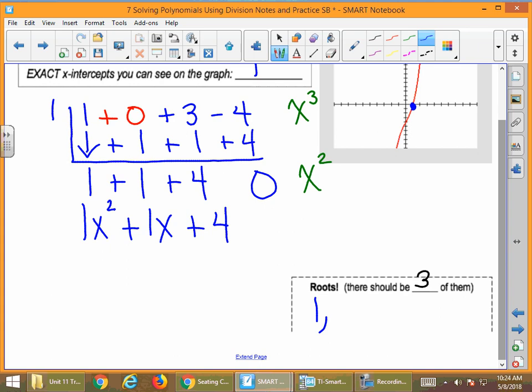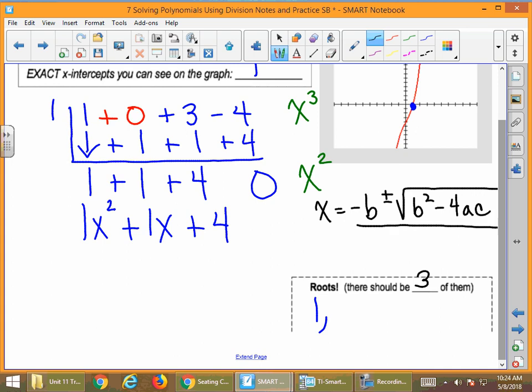And the quadratic formula is not listed on your notes, but you might want to write it at the top of your paper here. It's x equals the opposite of b plus or minus the square root of b squared minus 4 times a times c, all divided by 2 times a. It will be provided to you.